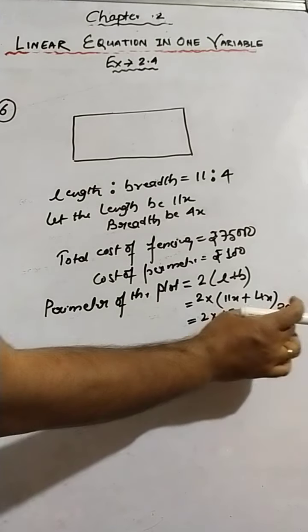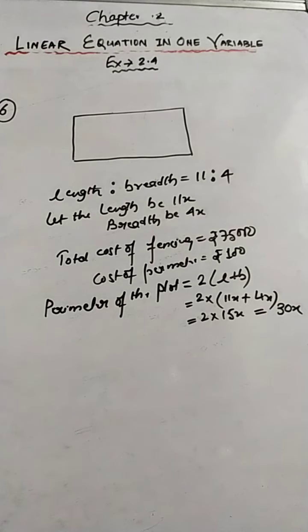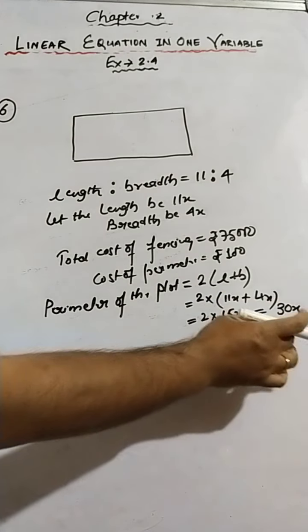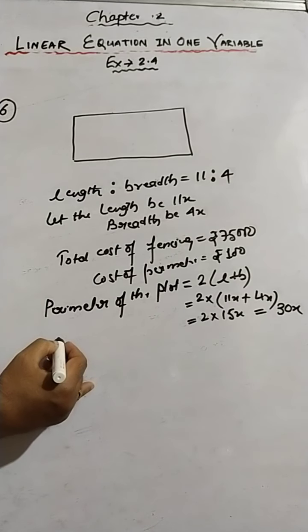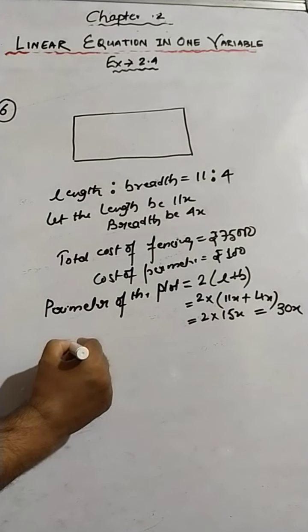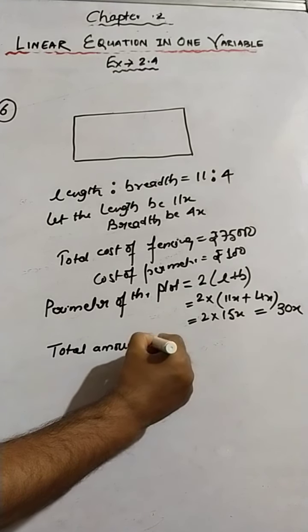Now as we know that it is the perimeter of a rectangular plot, we have to find the total cost of fencing. That is the total amount that a village panchayat has to give. So if this is a perimeter, what we have to find out then? Total amount of fencing.